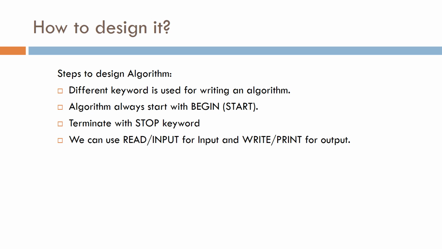And for the output, whatever the end result is, we can write the word write or print. So it will display on your screen whatever you have written in your write or print statement as output. So these are the basic wordings, or keywords, which we use during the steps of algorithm, and these are begin or start, stop, read, write, input, print, like this.